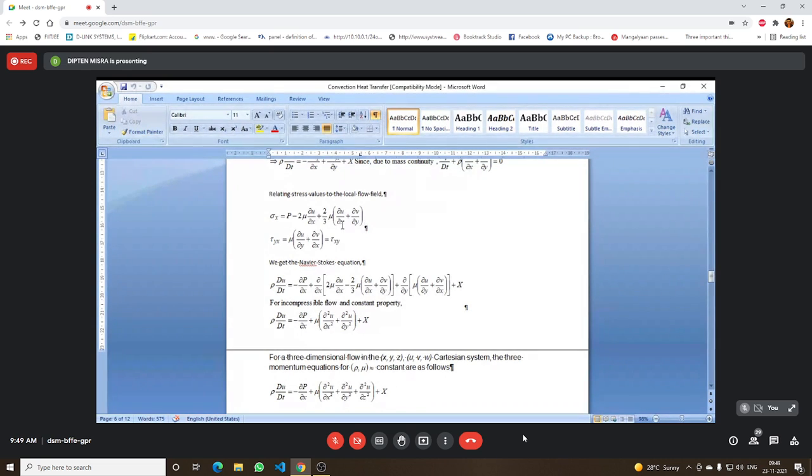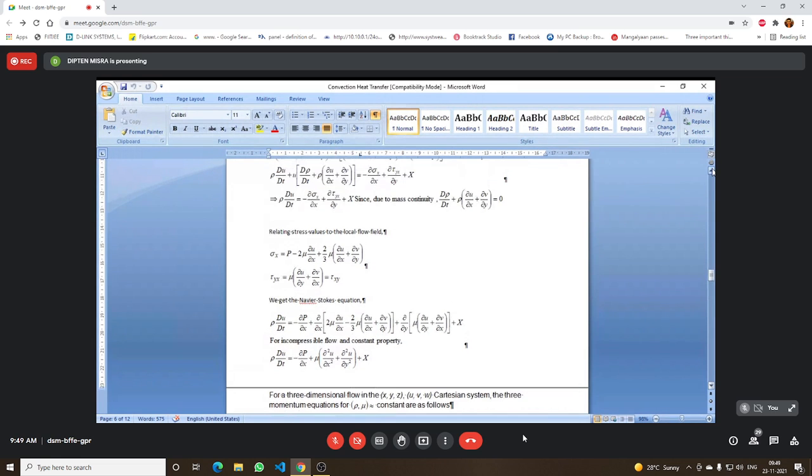So if we substitute these stress values in terms of the velocity gradient into the earlier derived equation, we get del x of sigma x, this is the sigma x part, and the second term is del y of tau yx or tau xy, plus the body force term.